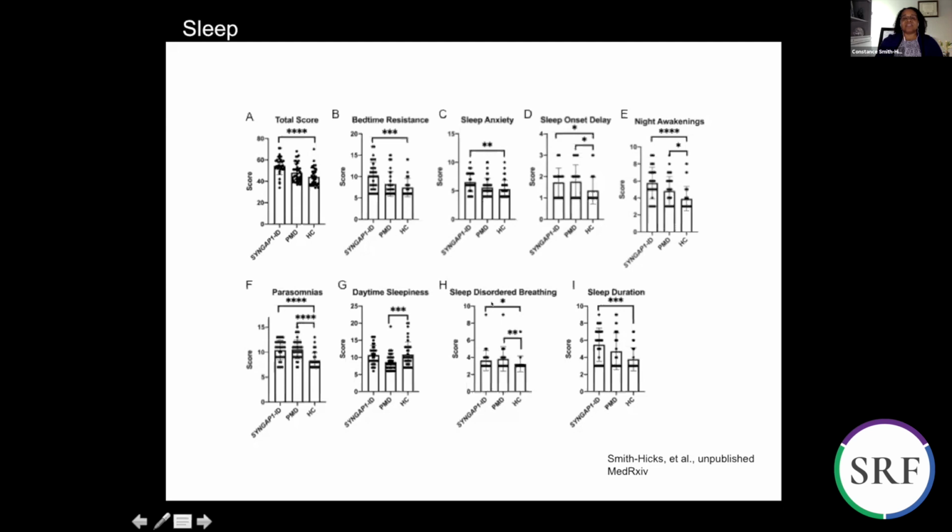Disordered breathing, such as obstructive sleep apnea, was not commonly reported. And we note that sleep onset delay was also not commonly reported. And we think this might be due to the fact that many patients use medications that target sleep onset delay. Most commonly used medication would be melatonin.